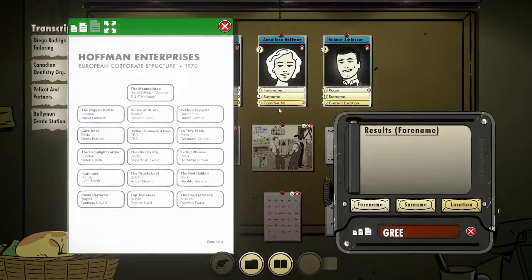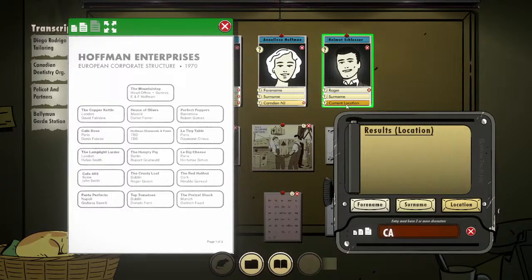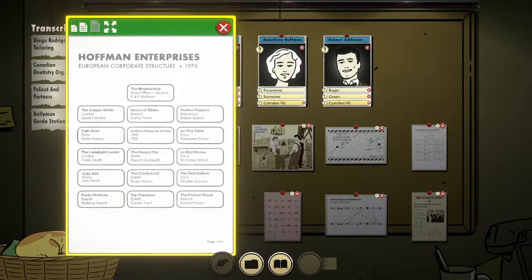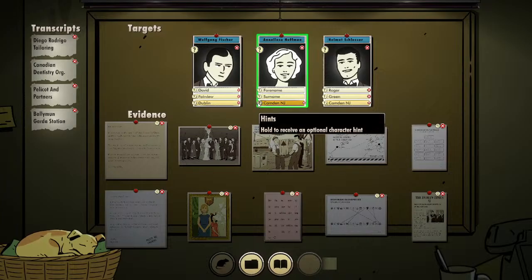He took the name of someone in Dublin, right? Roger Green, Donato Ferry. Someone moved to Top Tomatoes, but I don't know if that makes a difference. That would mean he's in Camden. And his name is Roger Green. And she should be in Camden because she left Europe. She would have gone with him, right? I'm not too sure about this.